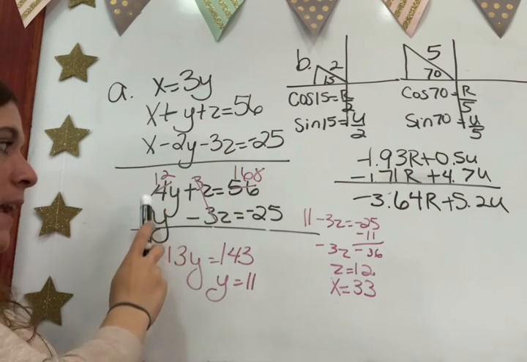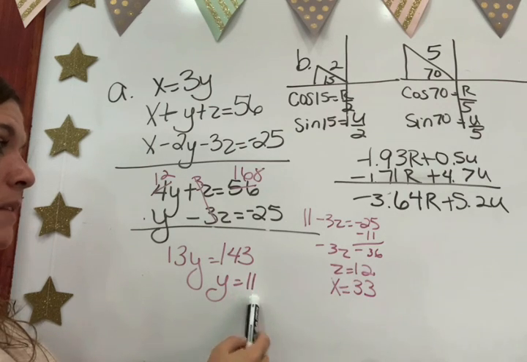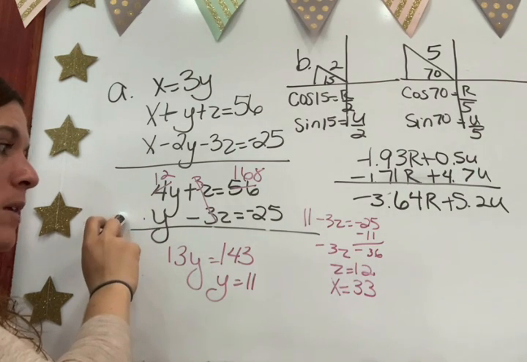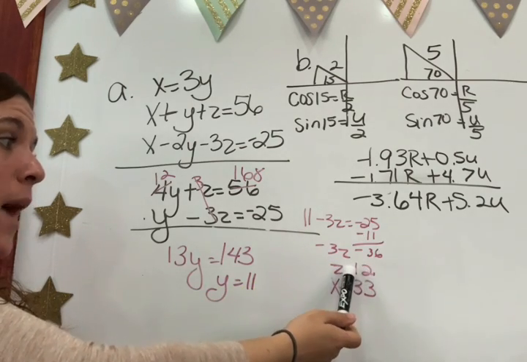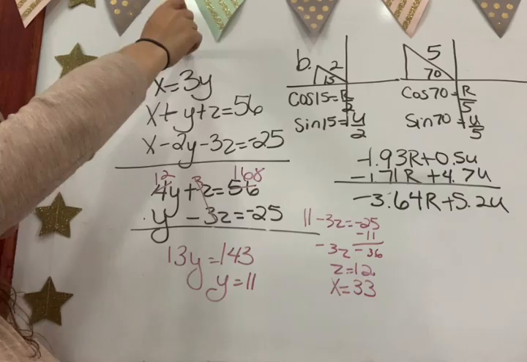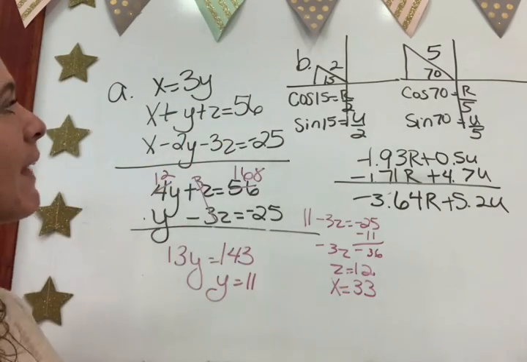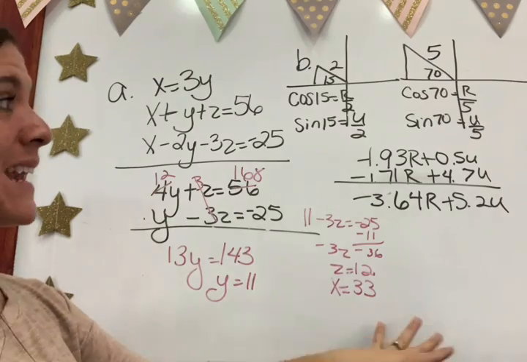So I did 12Y and 1Y is 13Y equals 143, so Y equals 11. Substituted it back into the second equation, 11 minus 3Z equals negative 25, and found Z was 12. Put the Y back into here for X, which was 3 times 11, which is 33, and then I checked it with this one. X plus Y plus Z should equal 56, and it does.